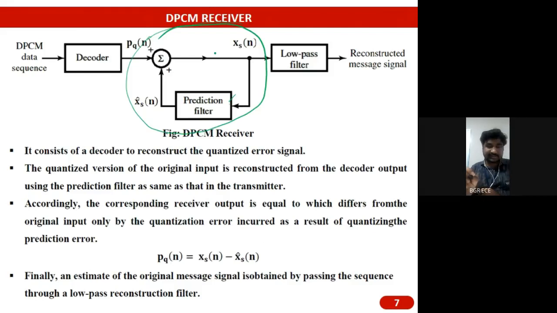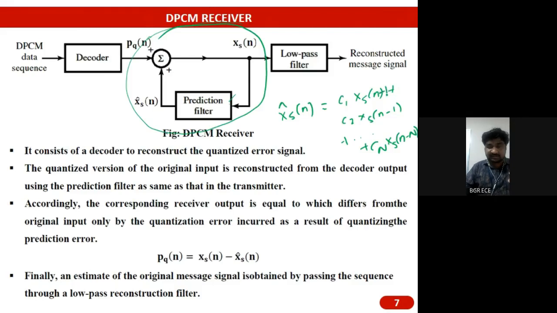Here the estimate xs cap of n is determined by the previous sample values, like C1 xs of n minus 1 plus C2 xs of n minus 2, and so on. This determines the original sample value, which is passed through a low pass filter to reconstruct the original analog signal. This is how the DPCM receiver reconstructs the signal.